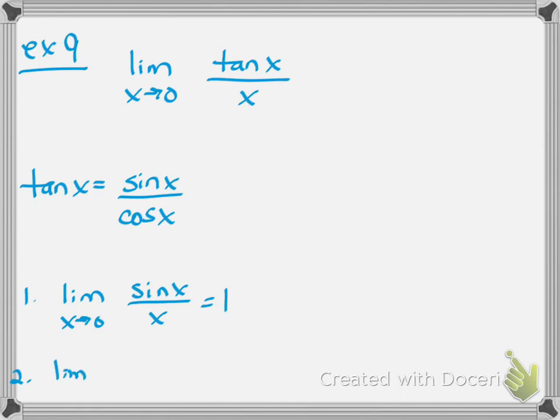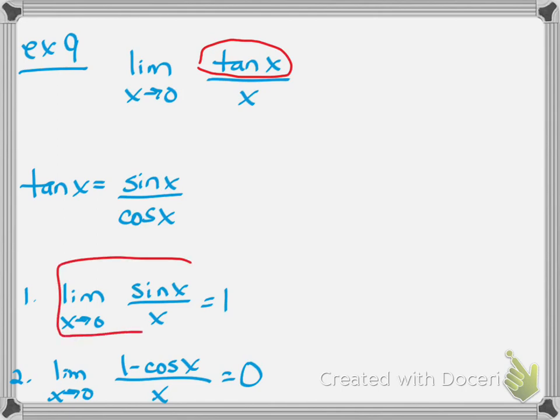And if you have the limit as x approaches 0 of 1 minus cosine x over x, you don't have to do any work. It equals 0. So I might be able to rewrite this and maybe take advantage of this fact. So let's see. We know that tangent is equal to sine over cosine. So we're going to rewrite it.